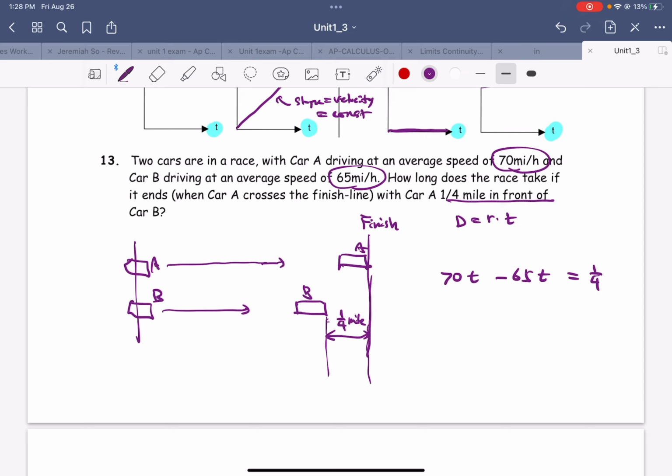When you subtract, 5t is a quarter, so t is 1/20. That is 1/20 hours. It doesn't say what time unit, just how long it'll take. You can leave it like that or convert to minutes: 1/20 times 60 is 30 minutes. So it will take 30 minutes to finish that race.